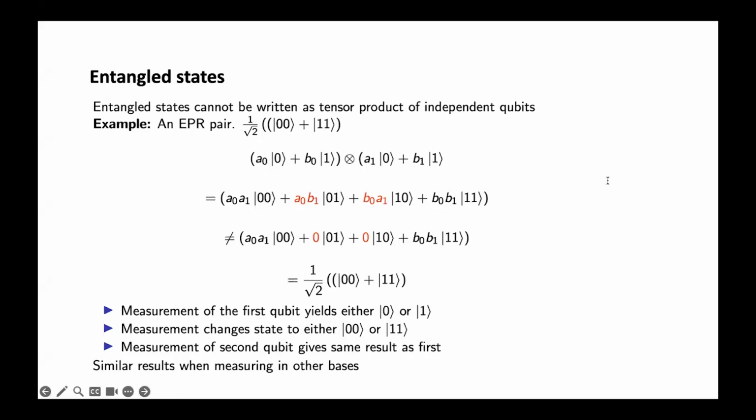As you can see here, the only way that the |01⟩ and |10⟩ coefficients could be equal to 0, because this is when we will have the right state, is if a0 b1 is equal to 0, which means either a0 is equal to 0 or b1 is equal to 0, or b0 a1 equal to 0, which means that either b0 is equal to 0 or a1 is equal to 0.